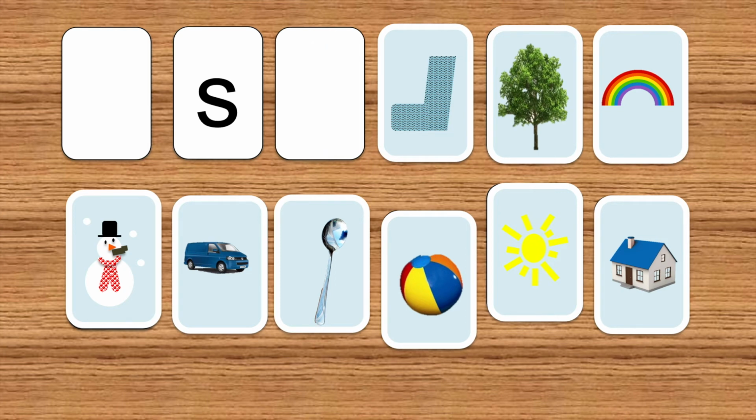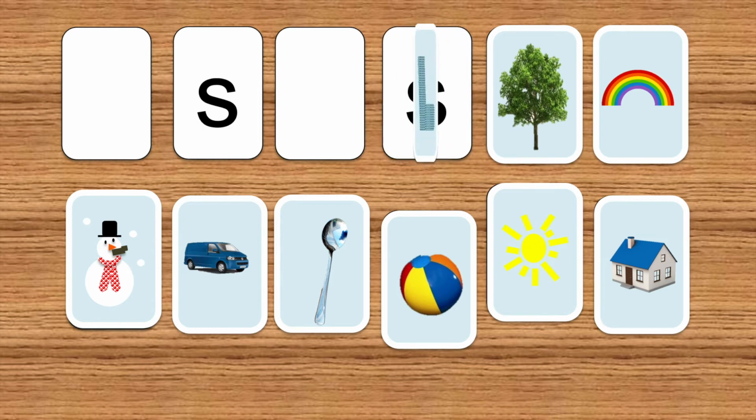What's the next picture? That's a sock. Can we break down the sounds in S, O, K? Is there a S in sock? Of course there is. Sock starts with a S sound. Tree. Is there a S in tree?